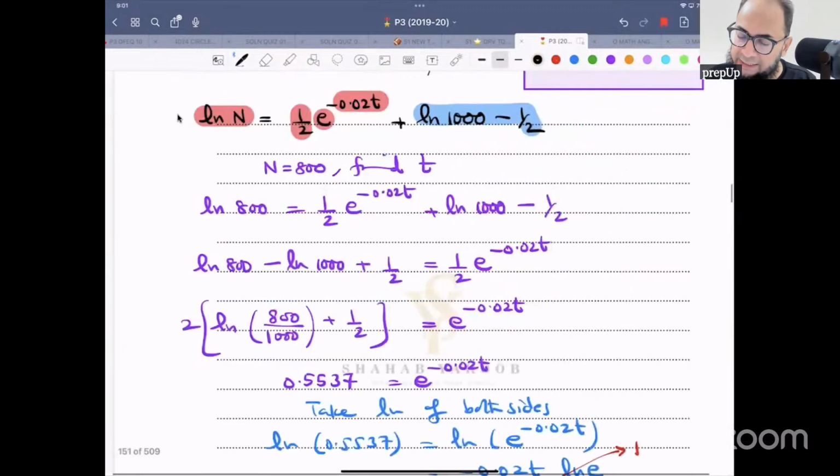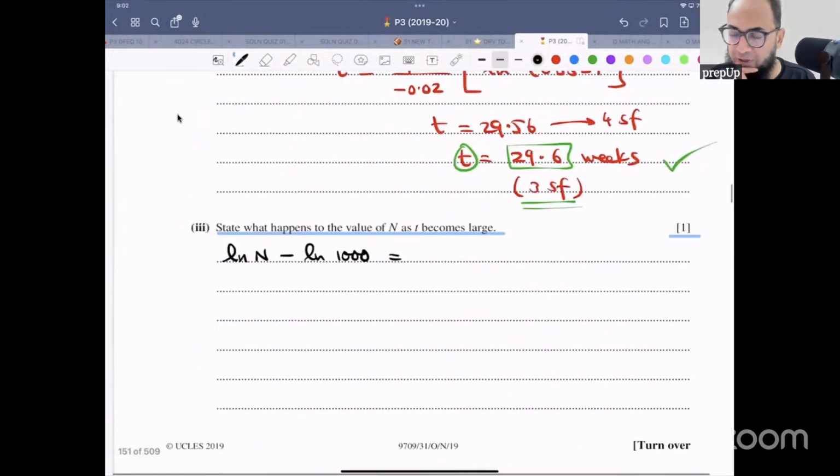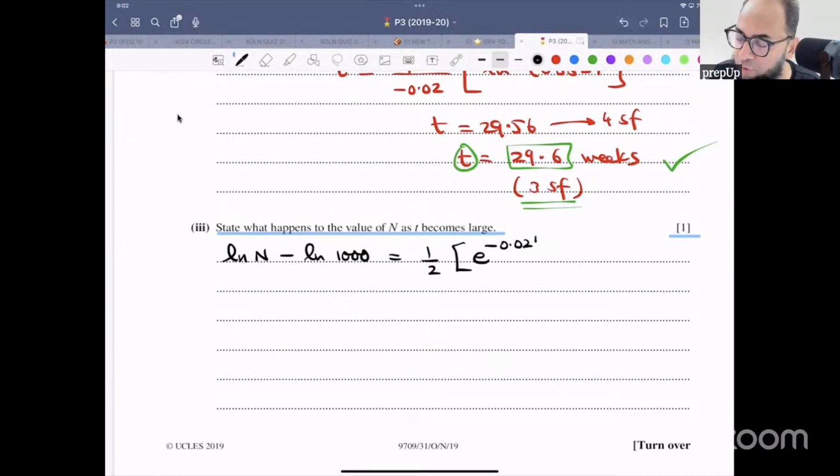And then I see a half over here, I see a half over here. So half common. And this is e raised to the power of, inside the bracket, negative 0.02t minus 1. This is ln of n over 1000.